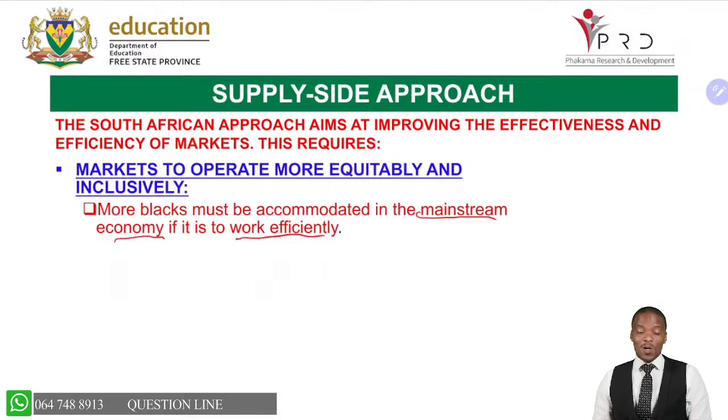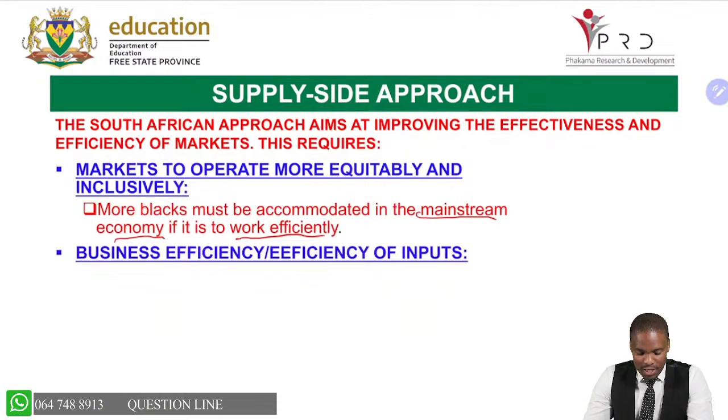Because if you look at, according to Stats SA, in terms of the race that is mostly unemployed, it is the blacks. So therefore, they should be accommodated in the mainstream of the economy. In that way, we'll say the markets are operating equitably, and they include everyone in it. Economic growth will be achieved, employment will be achieved.